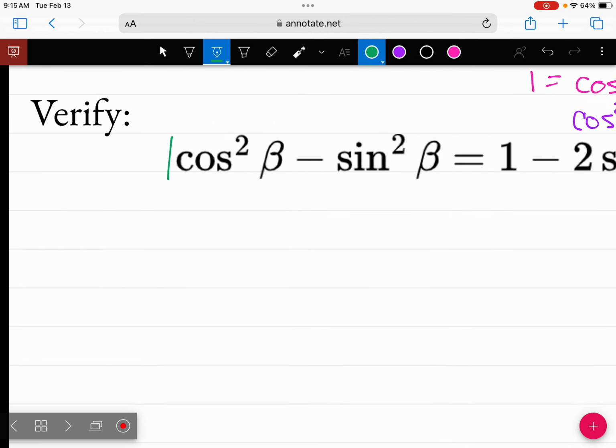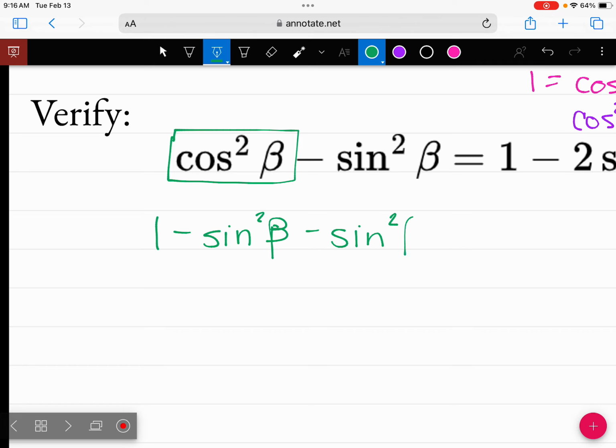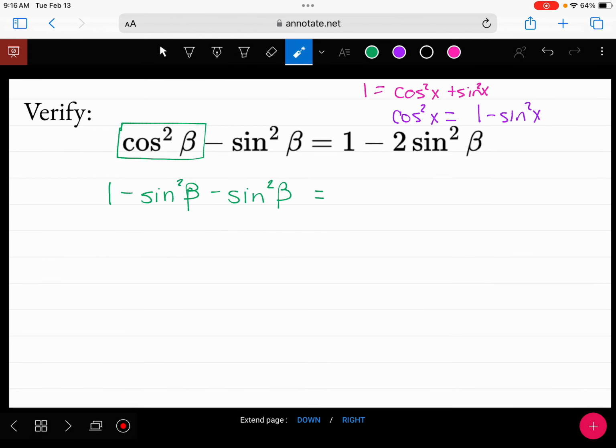So I can come over here and swap this cosine squared out for 1 minus sine squared of beta, minus sine squared of beta, and we're up to our equal sign. So I wanted everything to be sines, so I switched my cosine to be a sine.